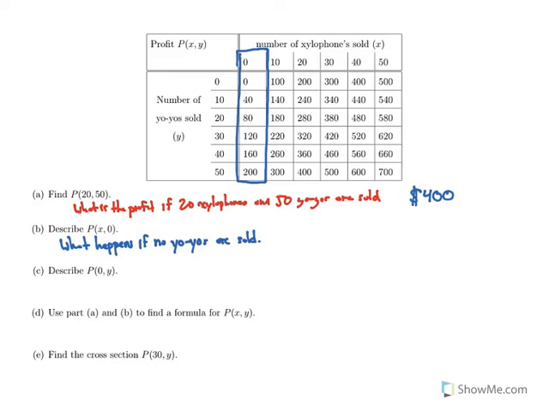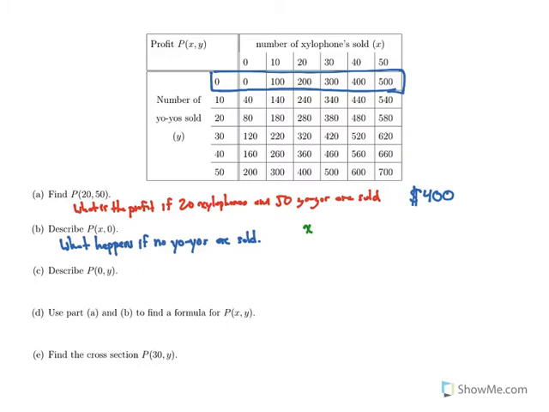That is the wrong column, sorry. We're looking at just this row where we have 0 yo-yos sold. So we can describe that function as maybe just this table of values and think about it as x and f of x.